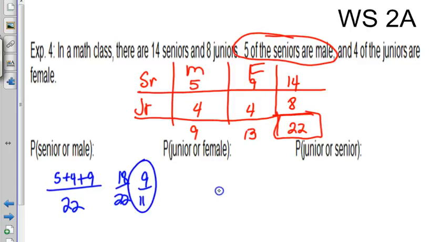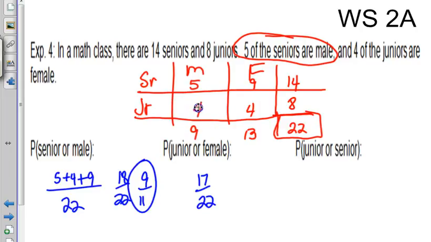Okay, probability junior or female. So you're a winner as long as you're junior or a female. Some of you are thinking I could just subtract, right? Because the only non-winners are these senior males. But whichever is easier for you to understand.